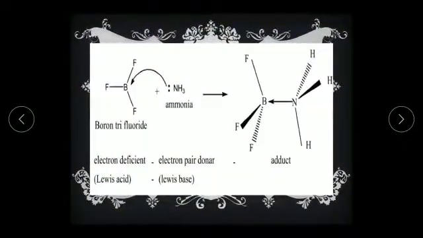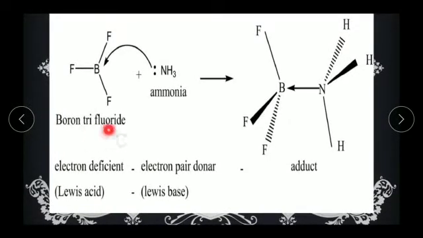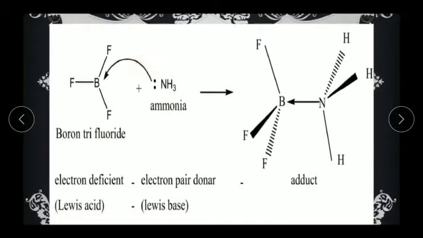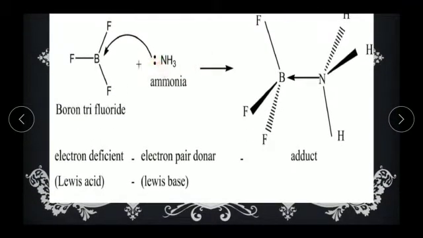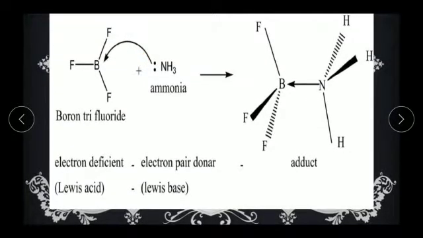We give one example here. Boron trifluoride reacts with ammonia. Here ammonia has a lone pair of electrons. This arrow indicates that the lone pair of electrons of nitrogen is donated to boron.